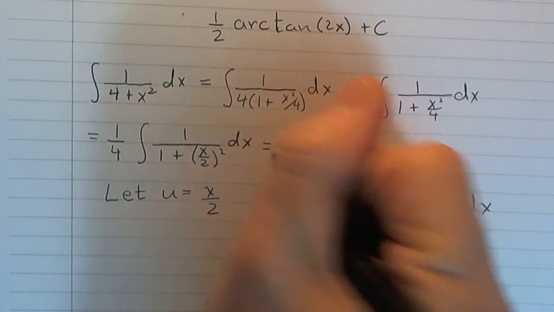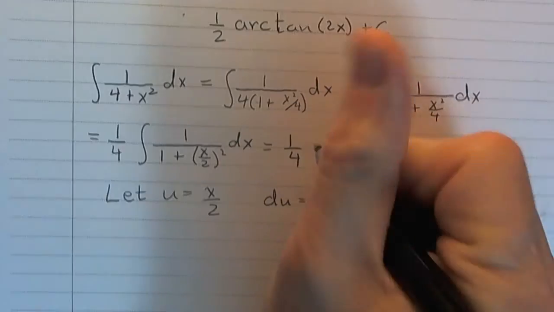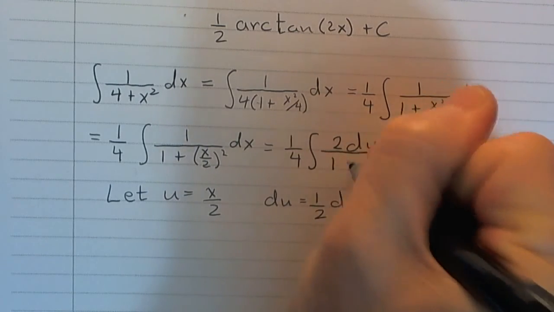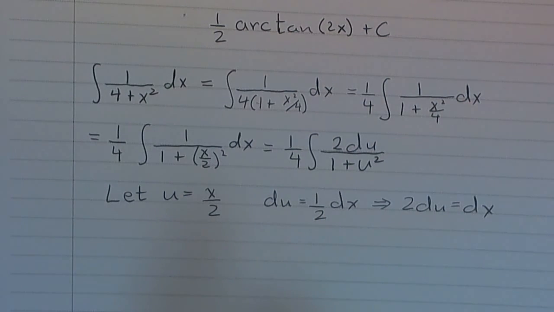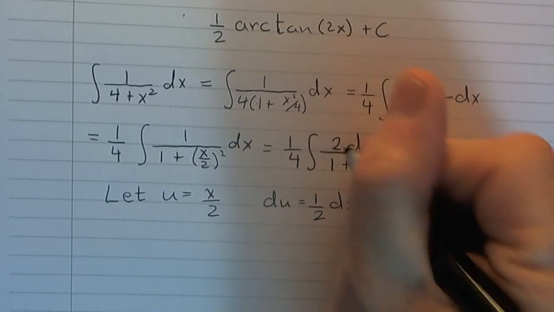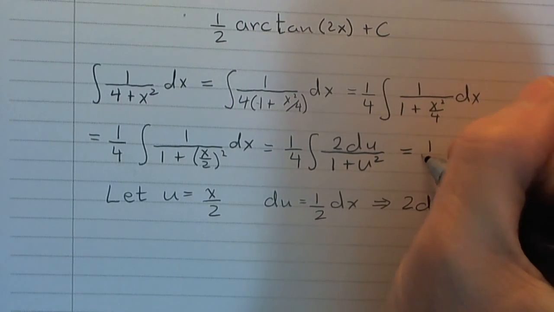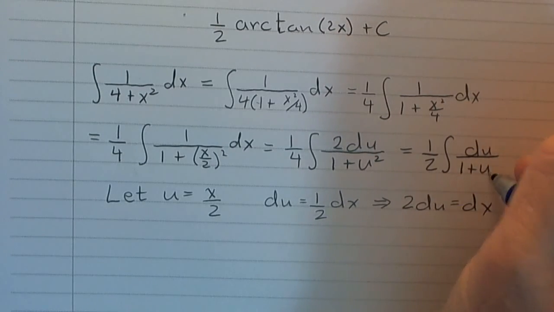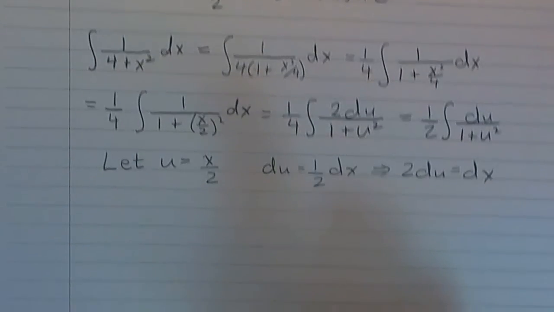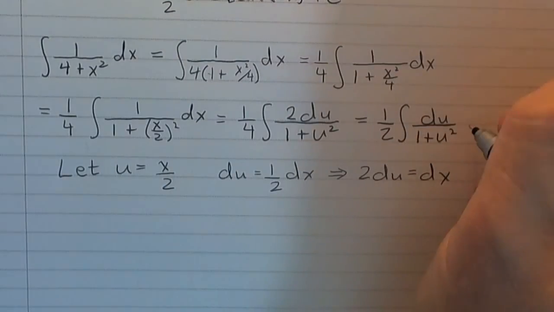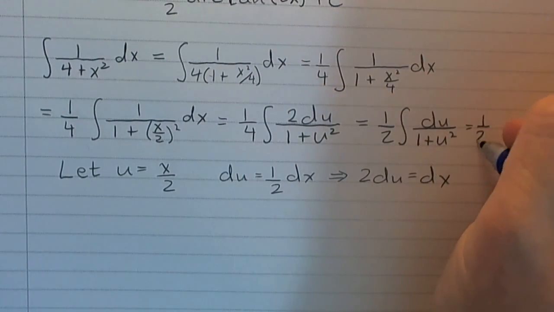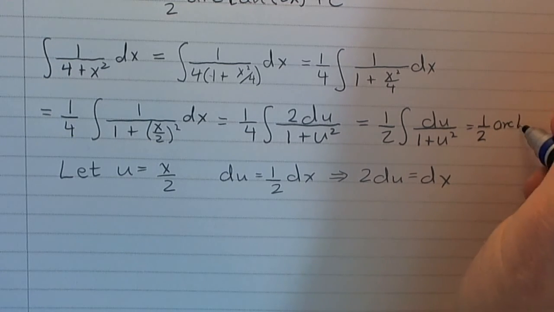Perfect. Now let's see what we have. We have 1/4 times 2 du over 1 plus u squared. And of course, this 2 and that 1/4 would make just a 1/2 out here. And now the antiderivative then would be 1/2 arctan of u plus c.